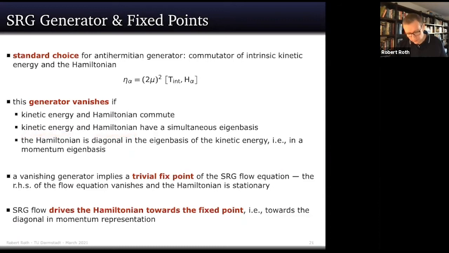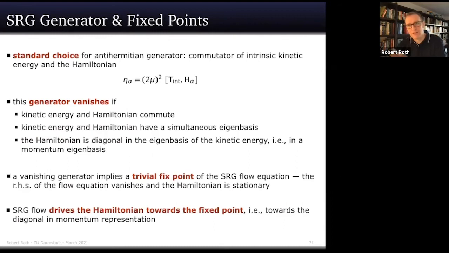Or in other words, you know very well what the eigenstates of the kinetic energy operator, p squared over m, are. These are plane waves or the spherically symmetric corresponding thing to that. And if the Hamiltonian has the same eigenbasis, then this means that we have diagonalized the Hamiltonian in momentum space.